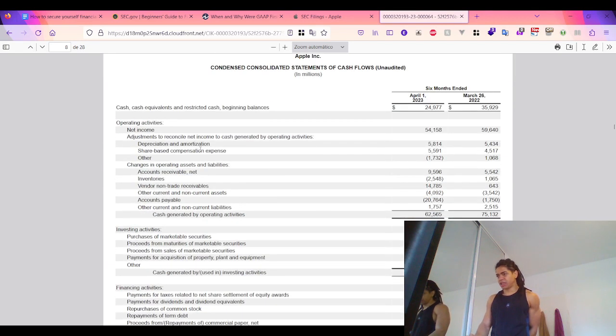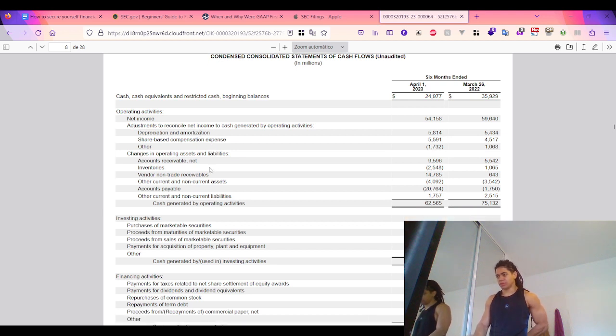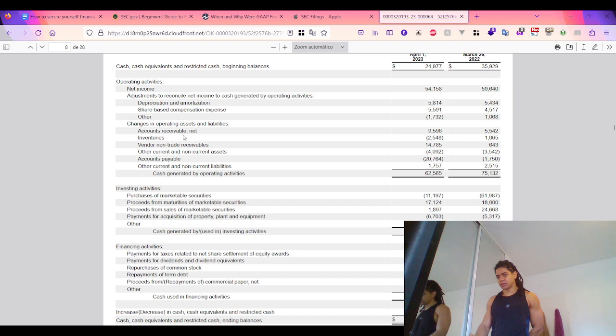Condensed consolidated statement of cash flow. And this is cash flow. Operating activities, net income. Investing: purchase of marketable securities, proceeds from maturity of marketable securities, proceeds from sales of marketable securities, payment for acquisition of property, plant and equipment, others.